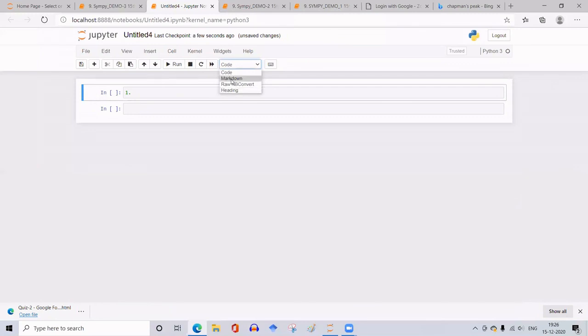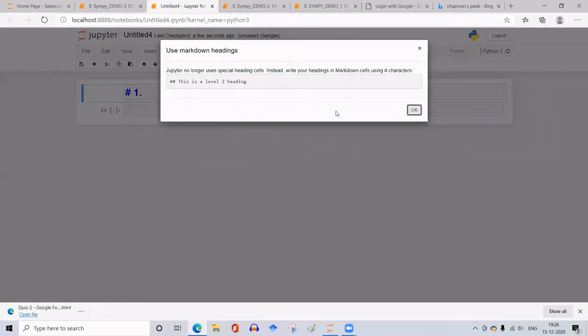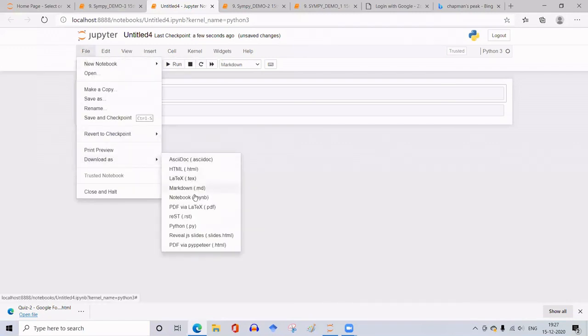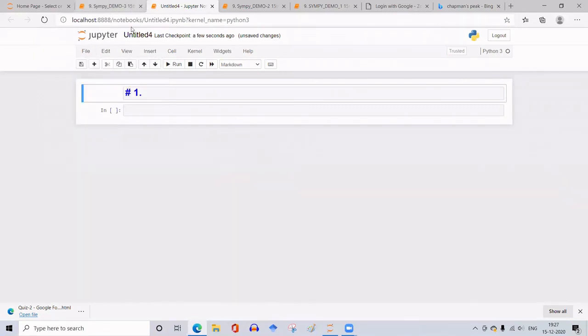Either convert it to a markdown cell or a heading cell, so that the problem is there, and next you will have the answers for that. In that whole format, you submit to me in the .ipynb notebook format. Download that in the notebook format and attach it to your Google Classroom assignment submission portal. Okay.